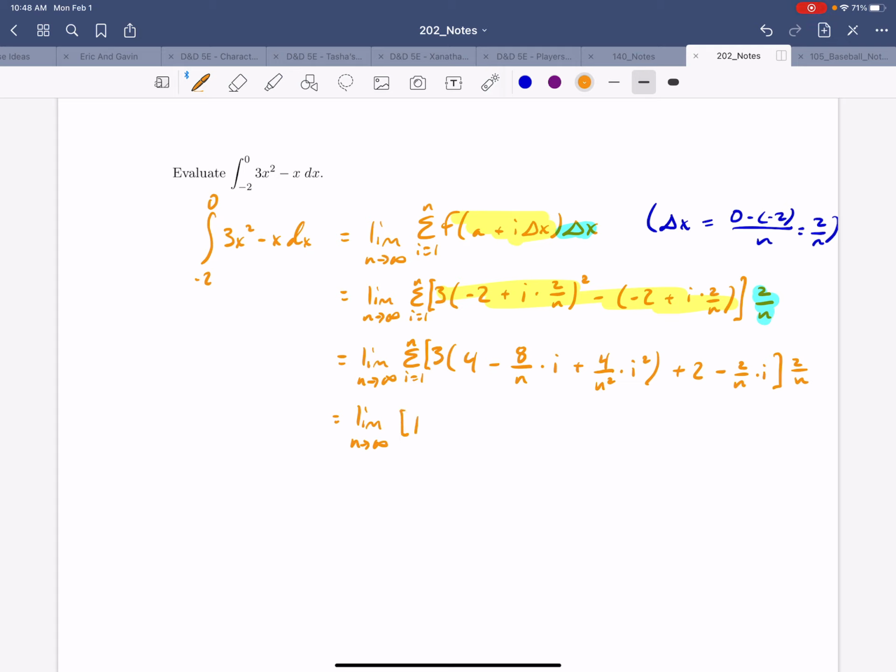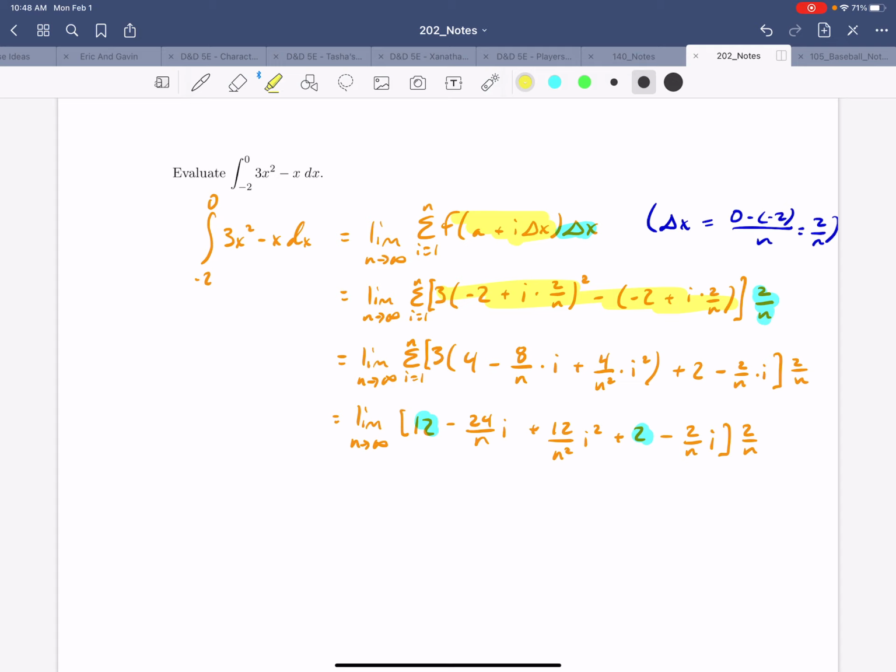We're going to get 12 minus 24 over n i plus 12 over n squared i squared. Plus 2 minus 2 over n i, times 2 over n. Okay, now I'll combine the like terms, right? So I think we've got a 12 and a 2.